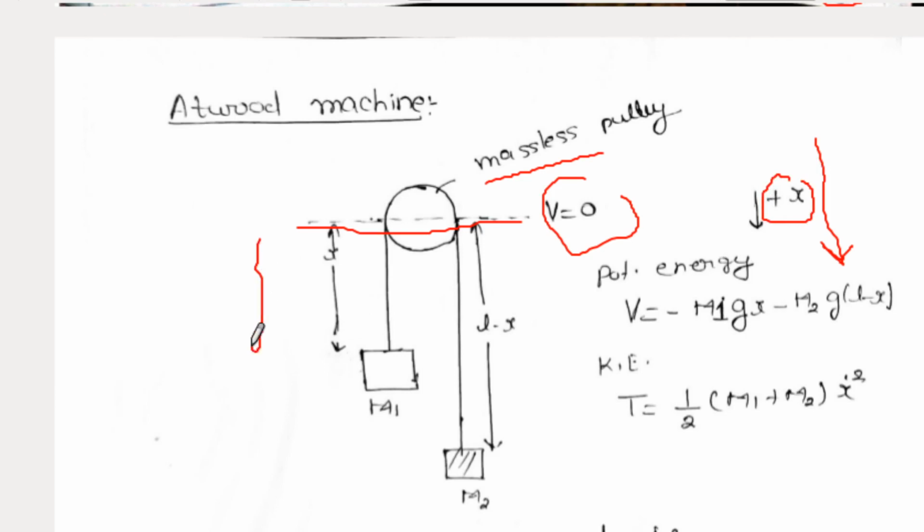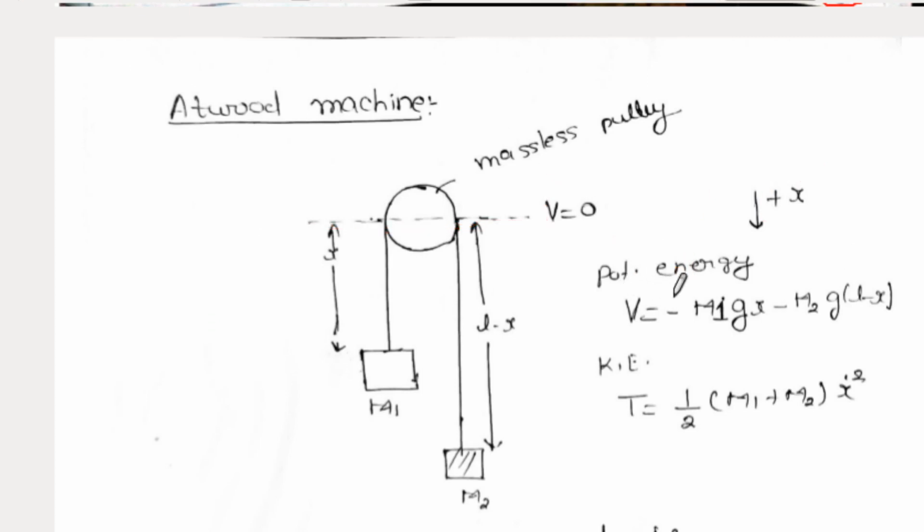So for convenience I have chosen this as our positive x direction. When you go down, the potential energy will decrease, because x is positive, so the potential energy decreases in the downward direction. So the potential energy will be V equal to minus m1 g x.